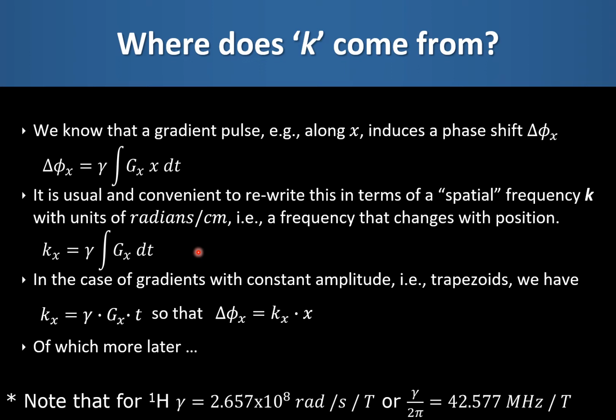K therefore represents a frequency that changes with position. In the case of a trapezoidal gradient with a constant amplitude, Kx is equal to gamma times Gx times the duration of the plateau, and the phase shift is simply Kx times the x position. We will discuss this in more detail later.